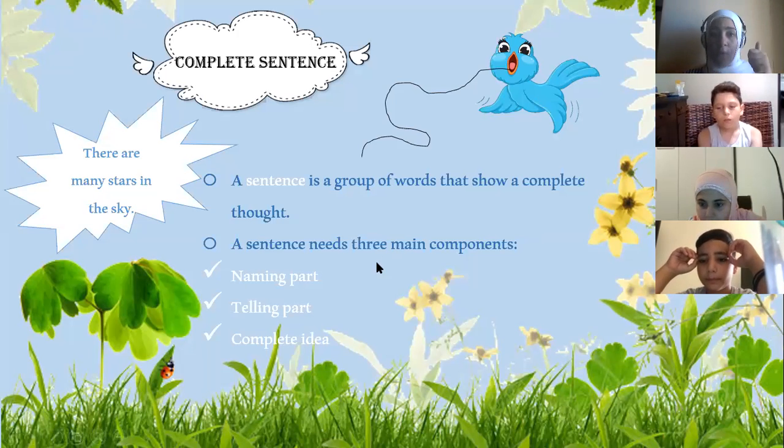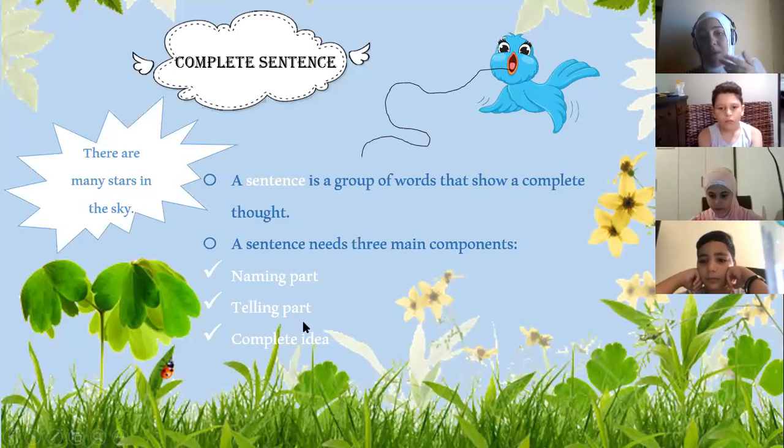That's good, Ali. When we say a fragment, we mean one of these three main components is missing. Maybe I will miss a naming part, or a telling part, or maybe there is no complete idea. So when one main component is missing, then it's not a complete sentence. I say it is a fragment.